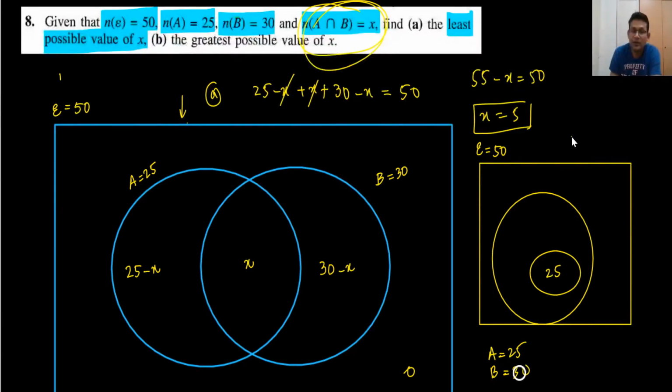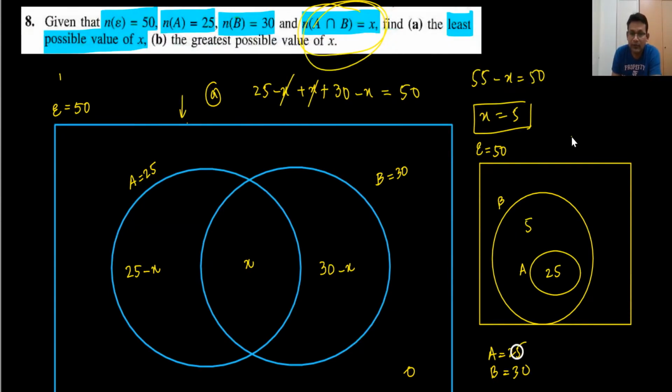Okay, now this is A and this will be B, because the small set will be inside the big set. Now the total number of members in B is 30. In B we have already used 25, which is a part of A. A is a part of B also. It means 25 is also in B. So how many more elements are required to make 30? It is 5.